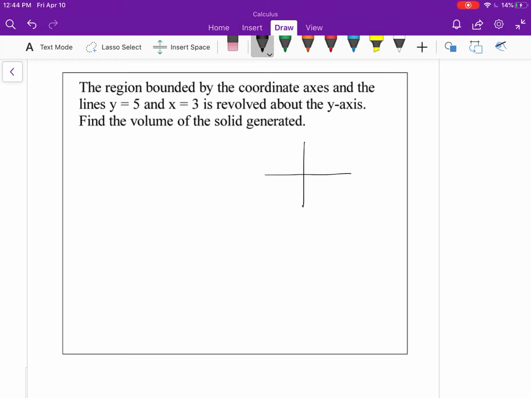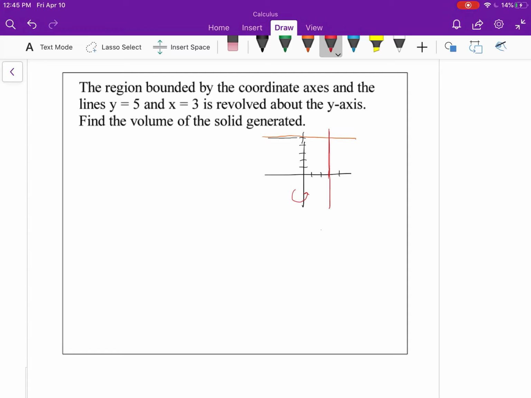So by x and y, by y equals 5, well, y equals 5 is a horizontal line, 3, 4, 5. So that's this horizontal line. So let's do this. And then the vertical line, x equals 3, is wrapped around the y-axis.